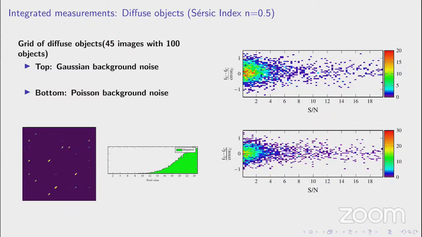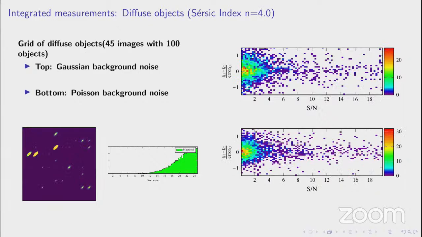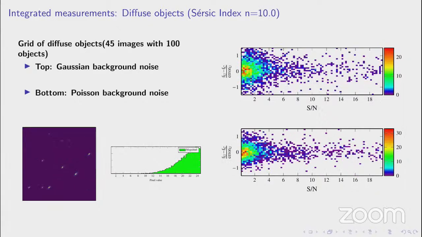So we have done this for 4 different Sersic indexes. This is from 0.5. We have done it for 1.0. Once again, the scatter is pretty big. And once again, it is less remarkable for the Poisson, but still relevant for this kind of objects. For 4 and 10, they are the most scattered ones.